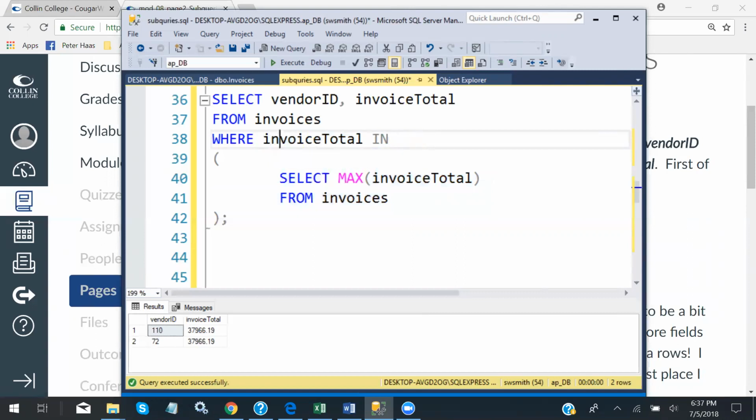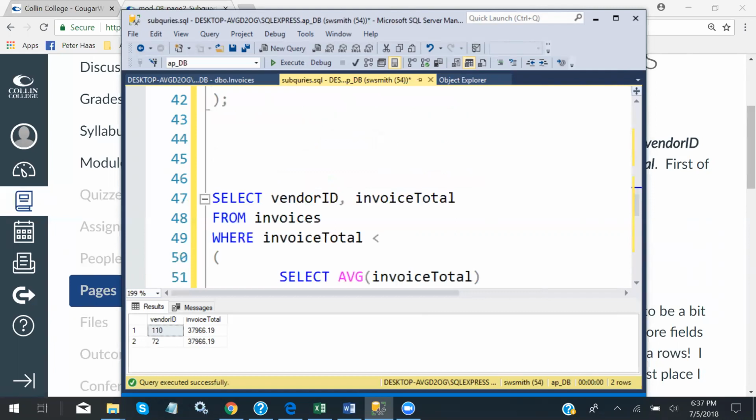Now, if you say equal to, what would happen if this had more than one value in it? Well, now we have a problem. IN will work on any of them. Equal to only works when it returns exactly one number. And so when I'm testing equality, is this in that set, I never say equal to, I always say IN. Now let's go down to this one.